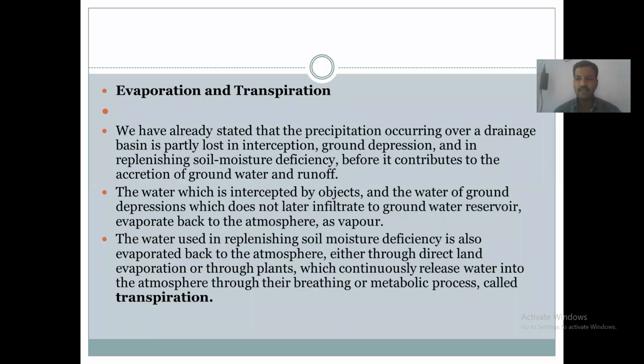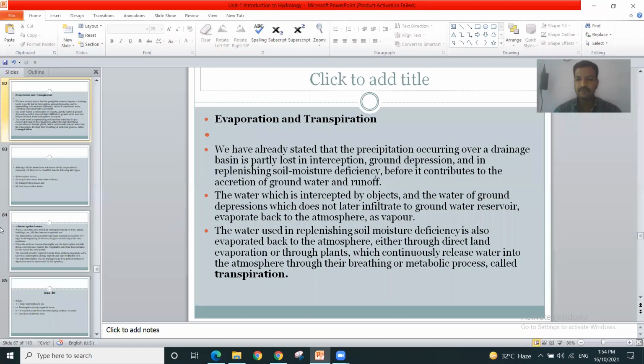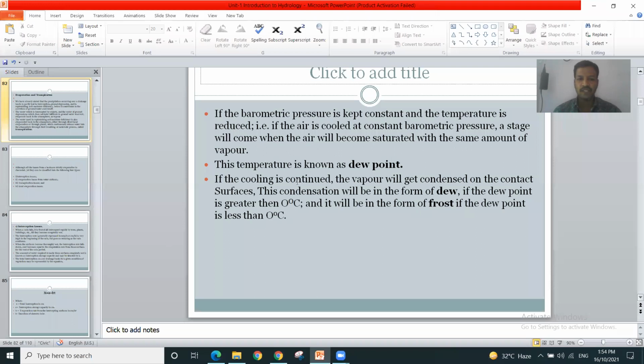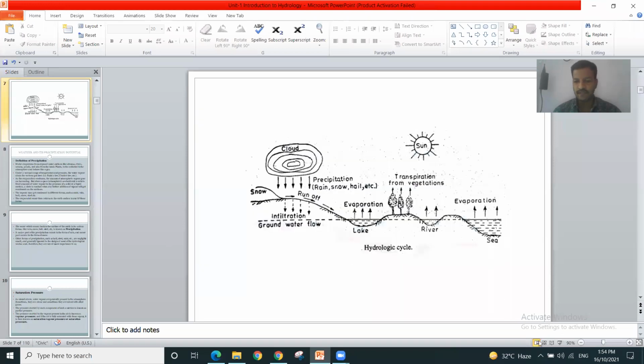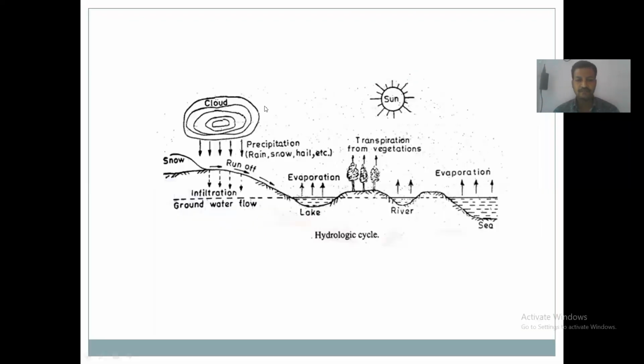What we saw in the hydrological cycle, look at that diagram. I will show here.